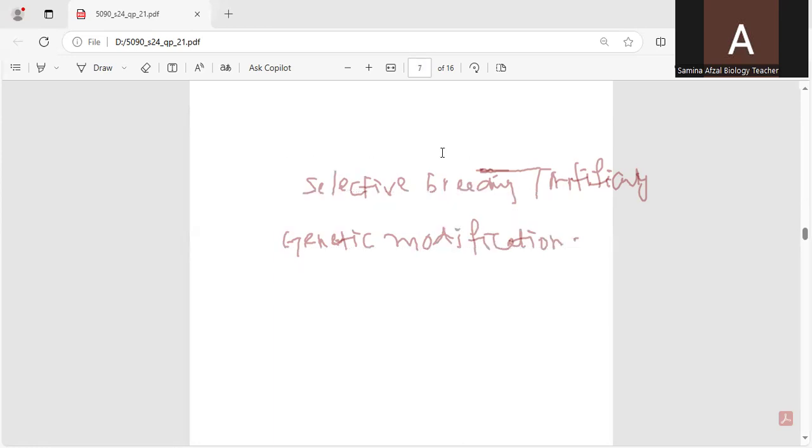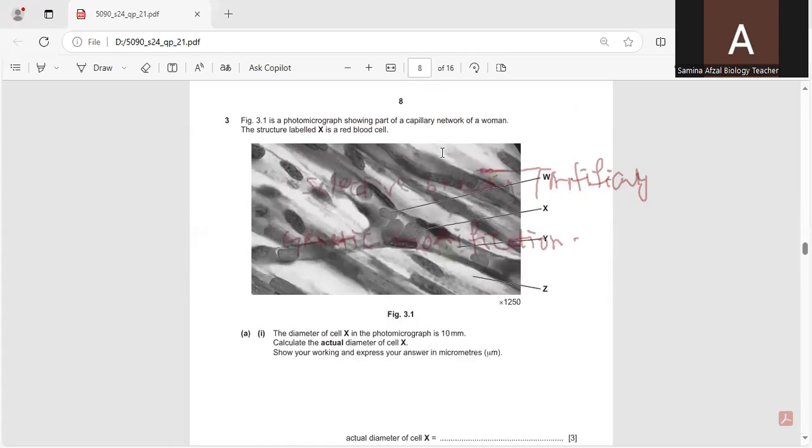Next question. Figure 3.1 is a photomicrograph showing part of a capillary network of a woman. The structure labeled X is a red blood cell.